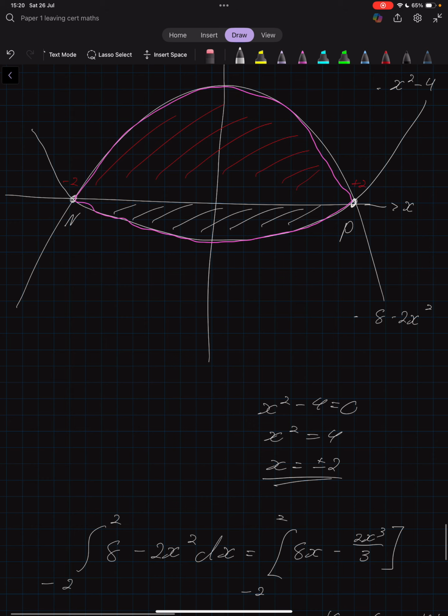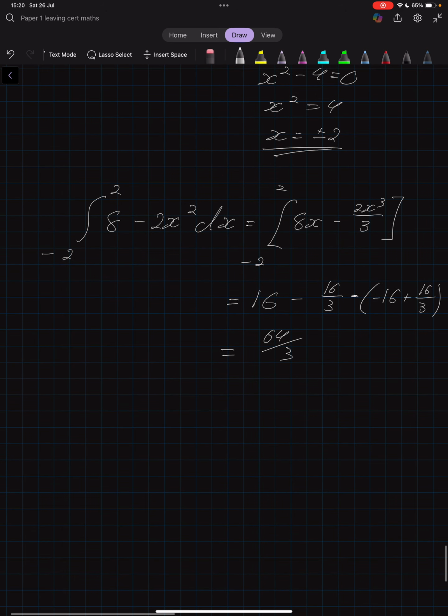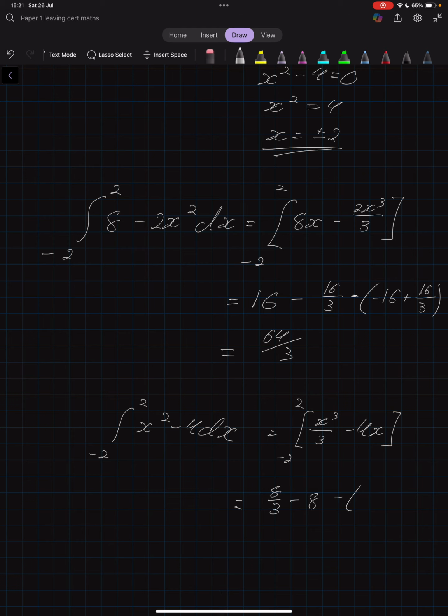And then the other area, the white area, I can integrate x squared minus 4 dx from minus 2 to 2. Again, this is just from minus 2 to 2 of x cubed over 3 minus 4x. Plug in 2, 8 over 3 minus 8. Minus, plug in minus 2, I'm going to get minus 8 over 3 plus 8.